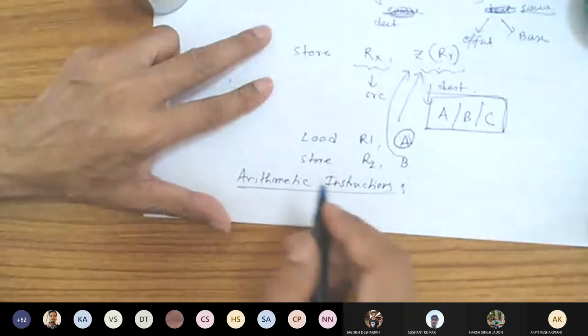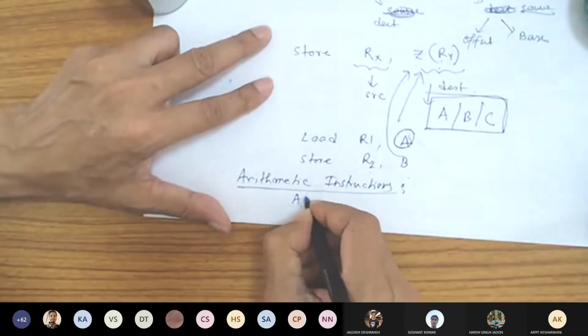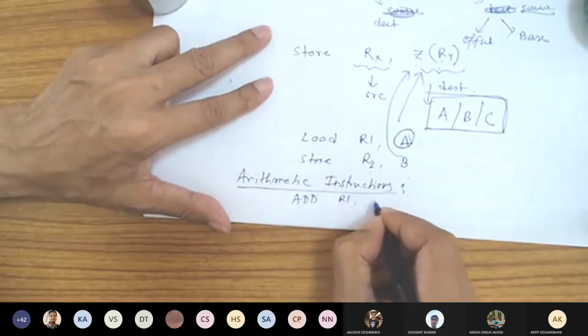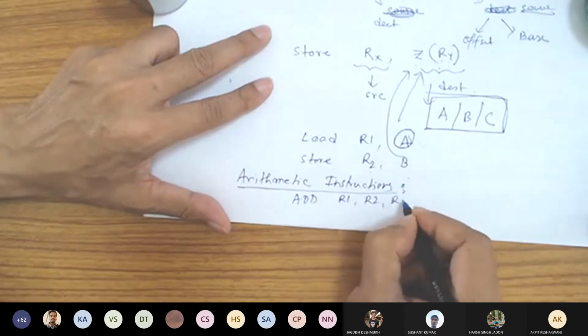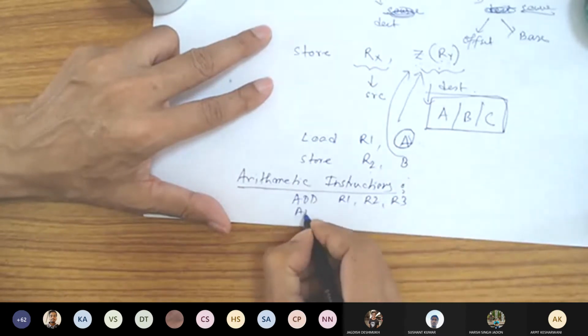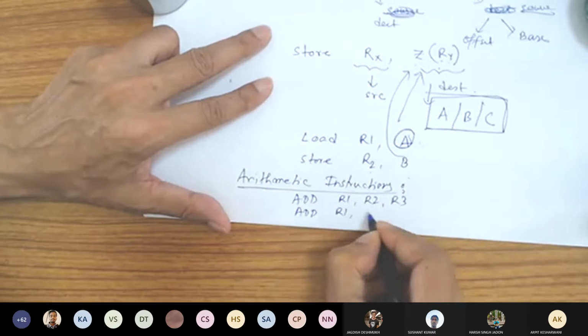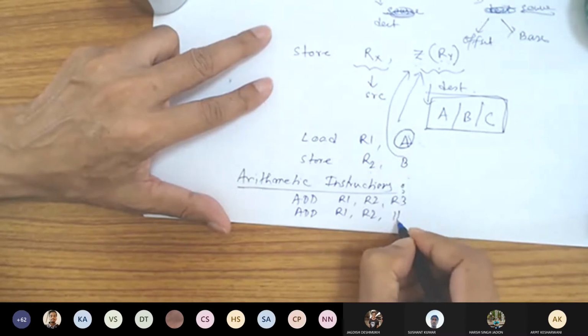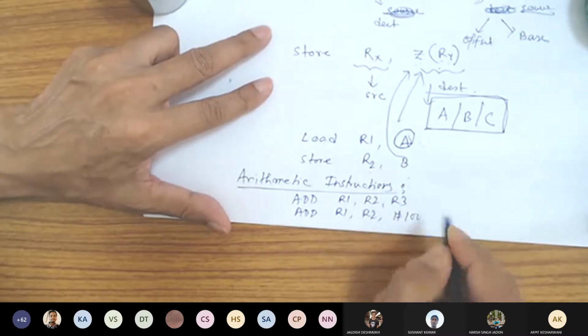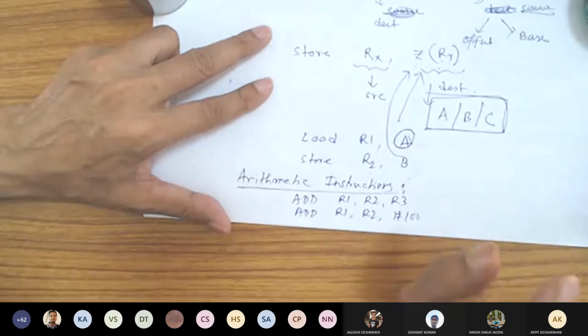There are two options. Either you do add R1, R2, R3, or you can do add R1, R2, 100. Only these two options. There is no other option.